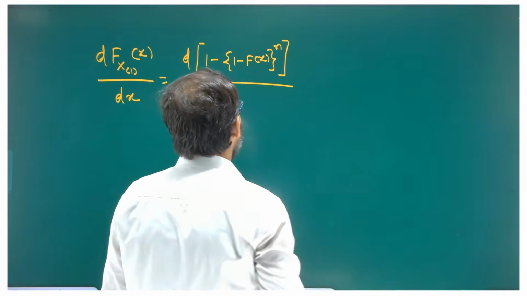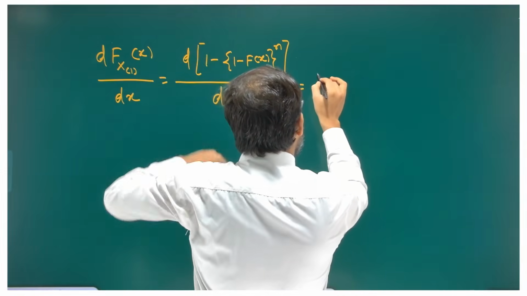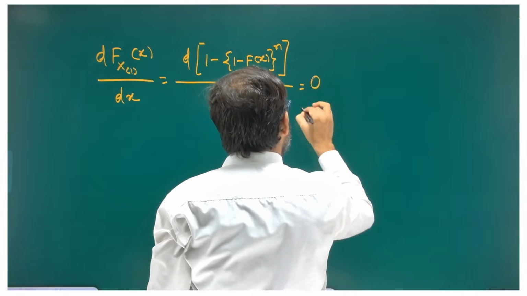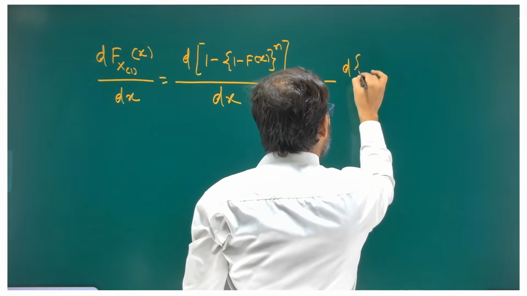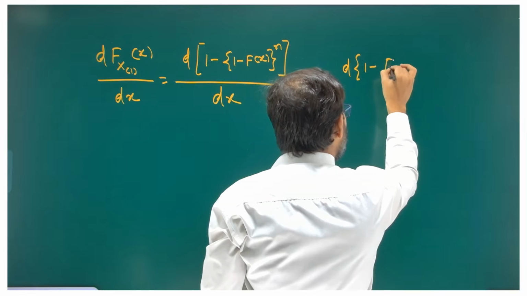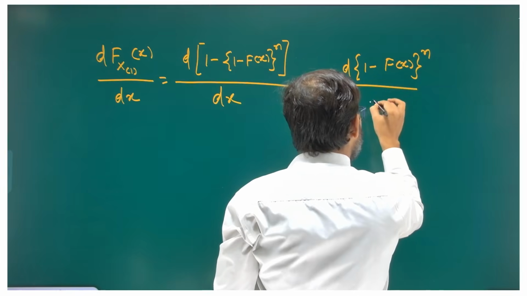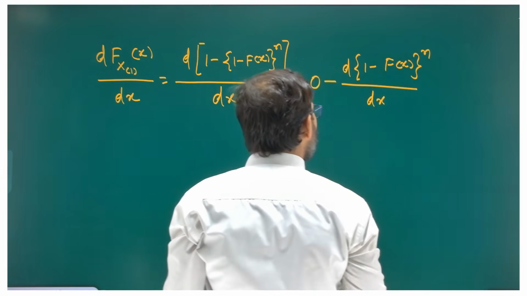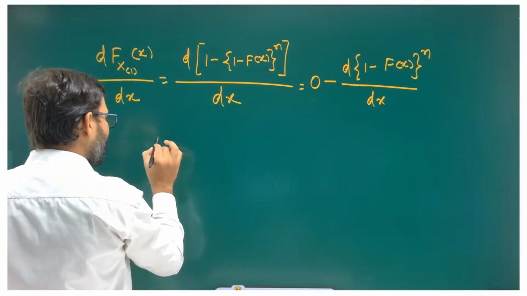But now I have to differentiate it. First of all, I will differentiate two things. I will differentiate 1, and once you differentiate 1, it will become 0. And then I will differentiate minus of 1 minus capital F(x) to the power n with respect to x.